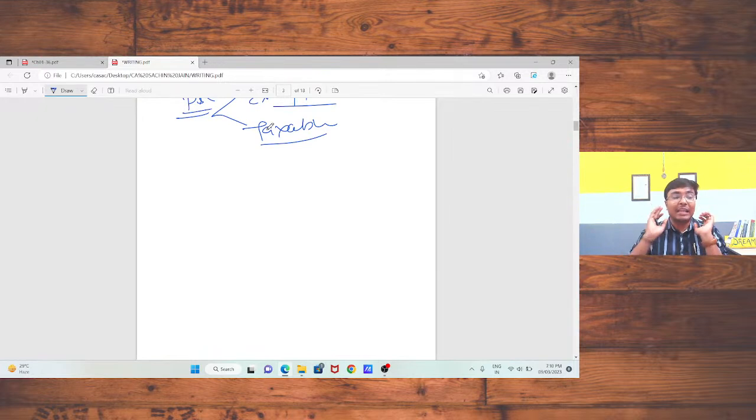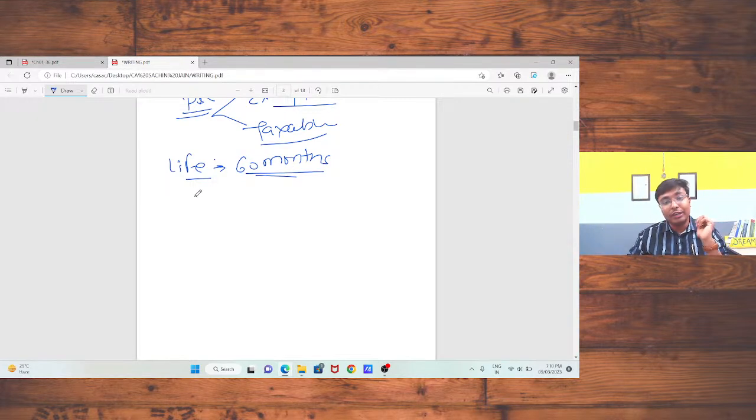The government prescribed one formula: the life of capital goods is assumed as 60 months. Just take an example, you bought capital goods on which input tax credit is 60,000. In that case, first, in the month in which you bought that plant and machinery, claim the complete 60,000 input tax credit in your GSTR-3B return.